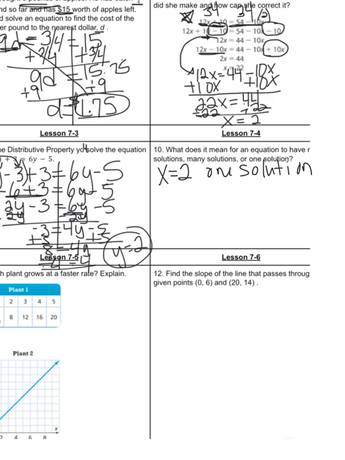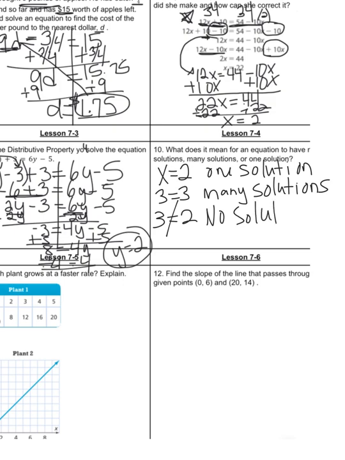If I have an equation where my variables cancel and I have 3 equals 3, that means there's many solutions, meaning I can substitute any number in for my variable and I will get the same thing on both sides because that statement's true. And if I end up with something like this that is false, that means no solutions. If you have forgotten this lesson, make sure you go back to lesson 7-4 and look it over to review what that means, as far as solving it.